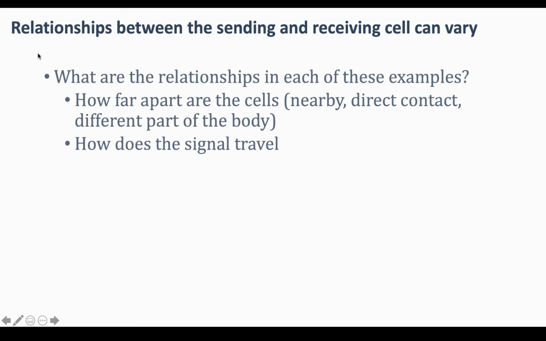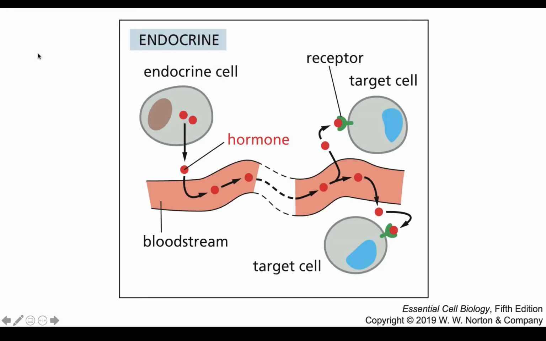Cell signals can be classified by the distance between sending and receiving cells and how the signals travel. This first example is endocrine cell signaling. And these are signals with familiar names, things you've heard of before, like estrogen, testosterone, cortisol, adrenaline. In this case, the cell producing the signal, the endocrine cell, can be at a great distance from the cells that receive the message.